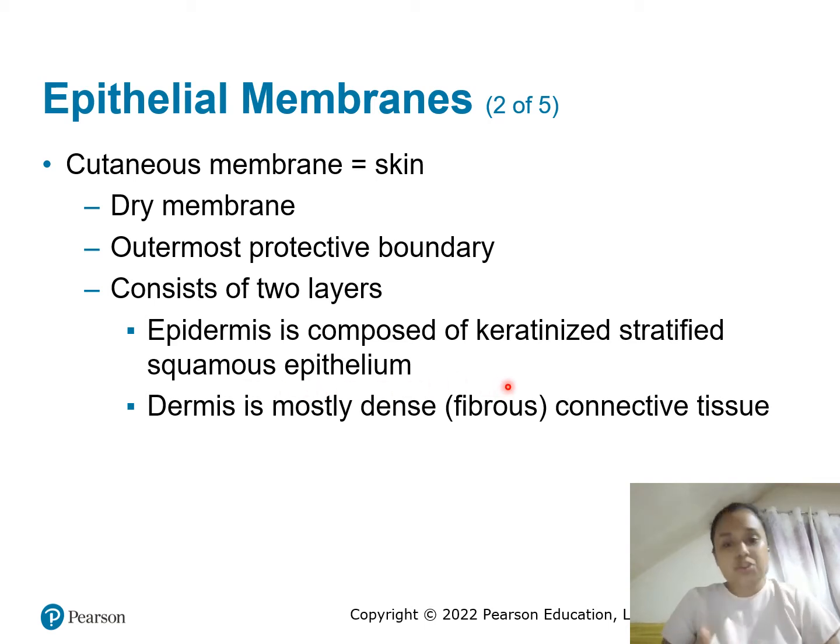Going back to our lesson about types of epithelial tissues, when we say stratified squamous, that means this is an epithelial tissue composed of squamous cells stacked in layers. Keratinized meaning this has keratin in it. It's a little bit harder than regular squamous epithelium because it's supposed to cover, remember?